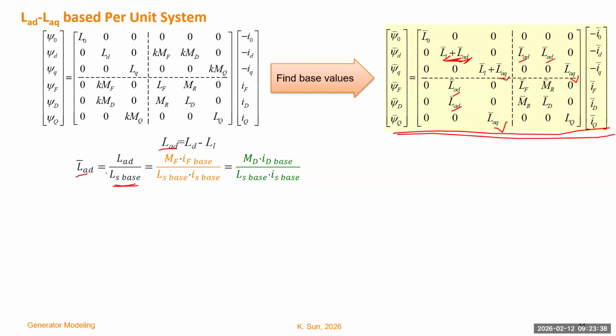Okay, so if we make this part of the equation hold, that will be able to change this item and that item both into LAD, which is the same as the mutual inductance in the stator one in DSs.